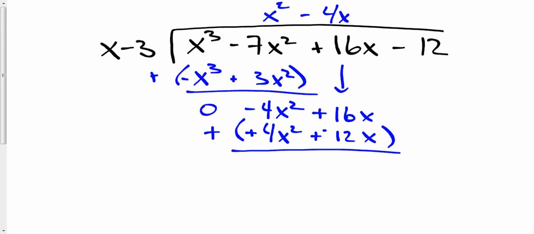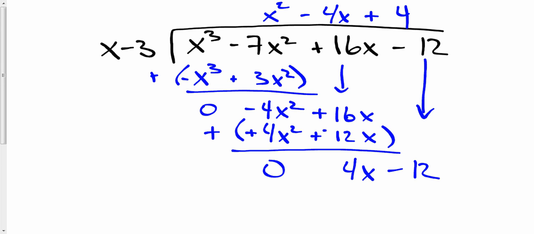Negative 4x squared plus 4x squared, 0. 16x minus 12x is 4x. Bring down the negative 12. X times 1 gives me 4x minus 12, so the remainder is 0. My answer is x squared minus 4x plus 4.